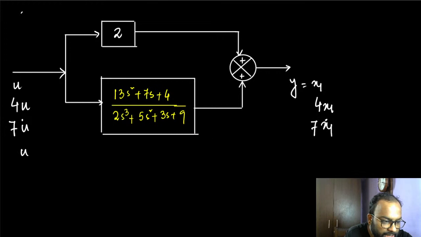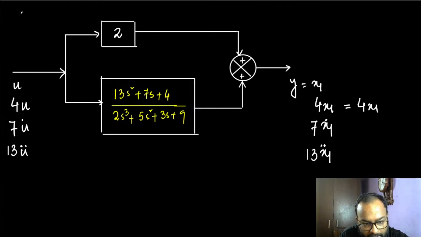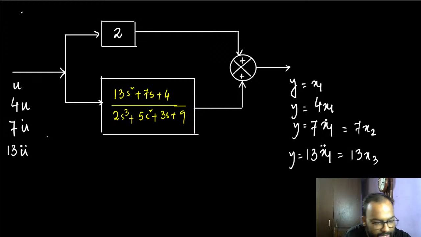If the input is U double dot, the output is going to be x1 double dot. If the input is 13U double dot, the output is going to be 13x1 double dot. And this is just 4x1, no changes here. So this is just 7x2, and this is just 13x3. And these are all the corresponding inputs at that moment.